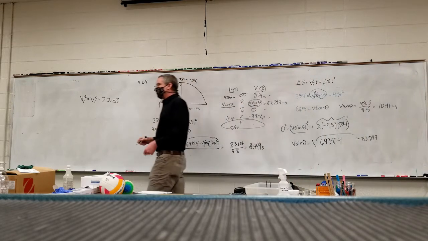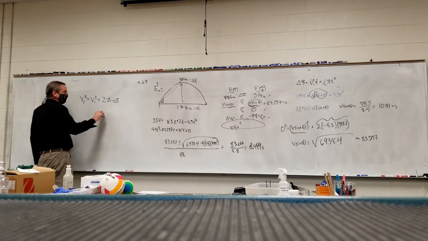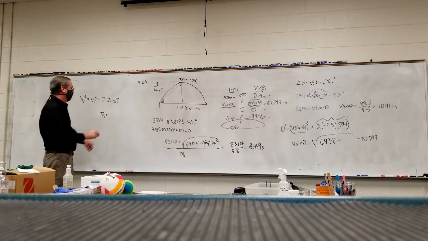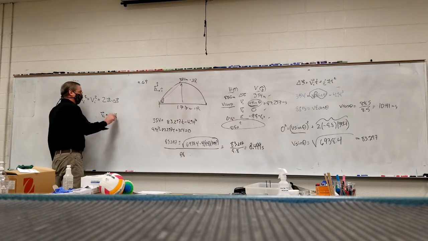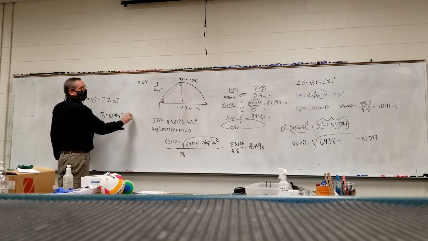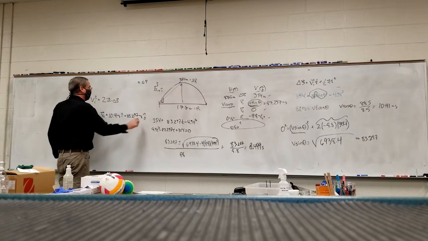So we now have the initial velocity. Given my coordinate system there, my initial velocity is 10.41 meters per second i hat plus 83.297 meters per second j hat.